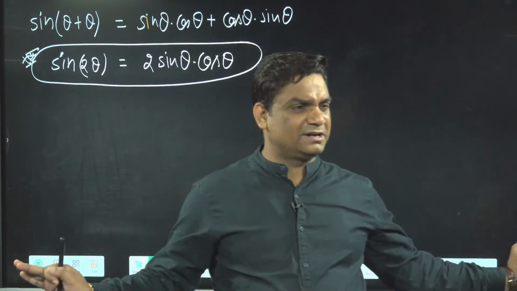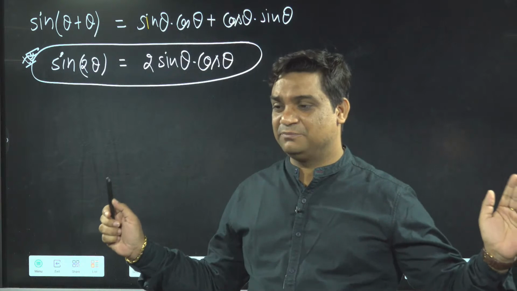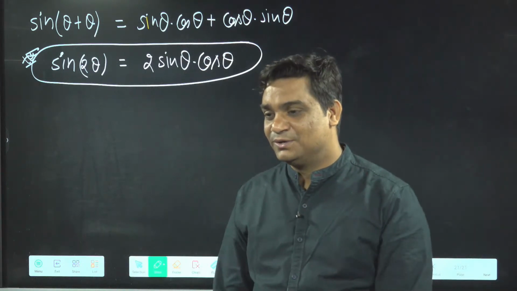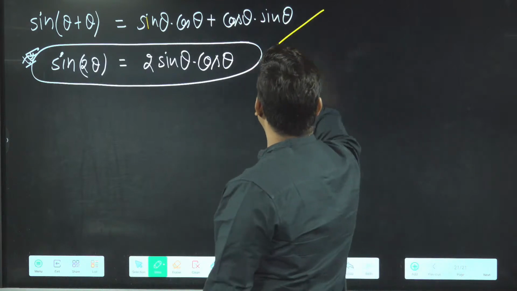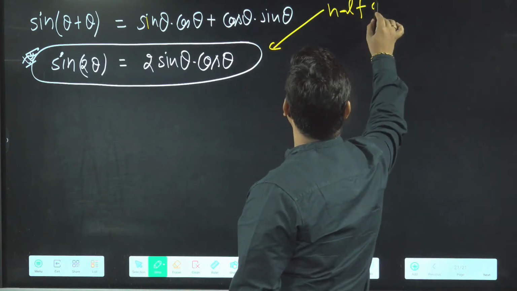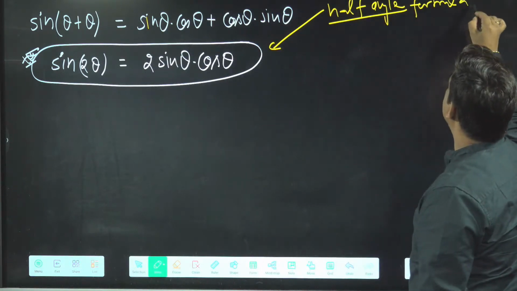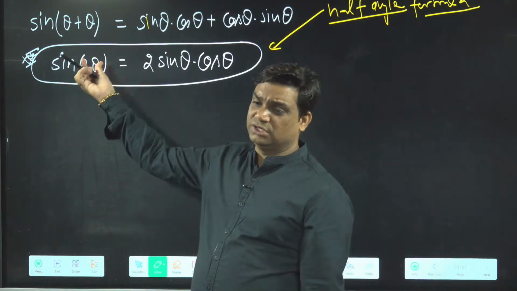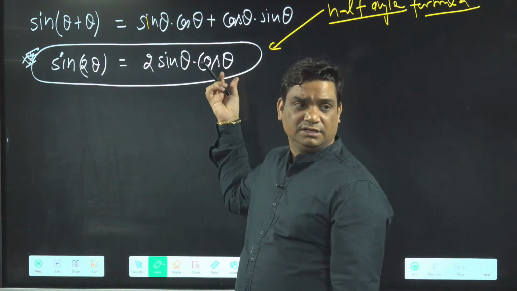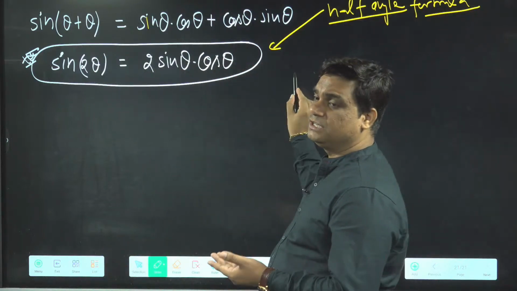This is a very, very important formula. A lot of the time we have to use sine 2 theta equals 2 sine theta into cos theta. This is known as the half angle formula. Why do we call it the half angle formula? Because it makes the angle half. Here 2 theta becomes theta, theta. If I take theta here, then it is theta by 2, theta by 2.